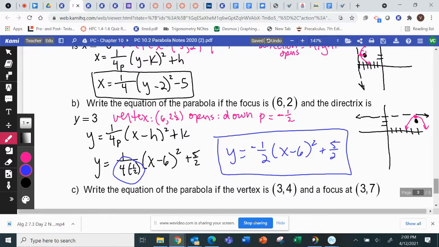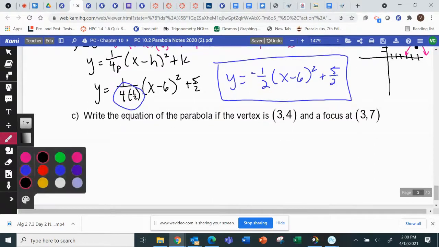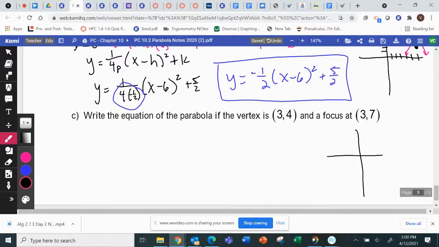Okay, and then the last one. We are given the vertex and the focus. And we know that the parabola has to have the focus on the inside of it. So I know that it's opening up.